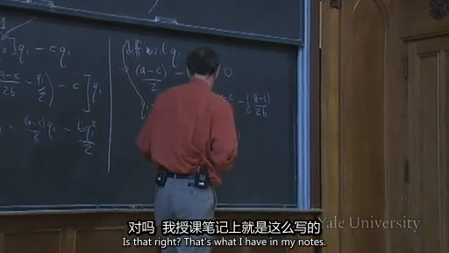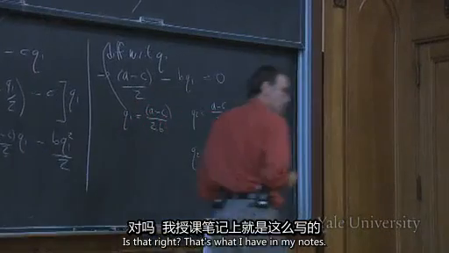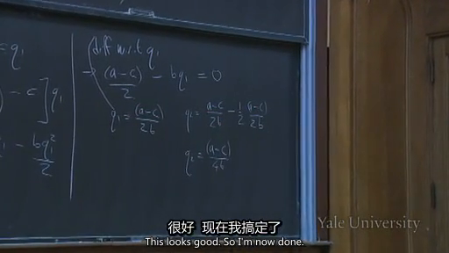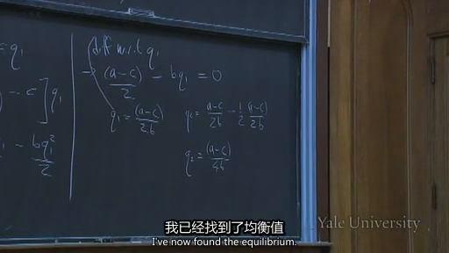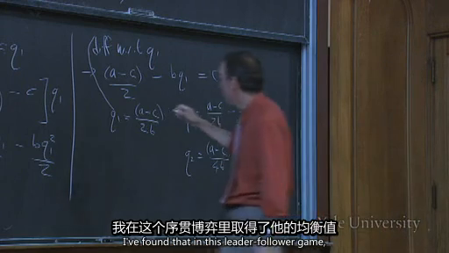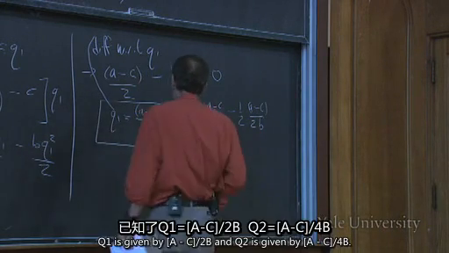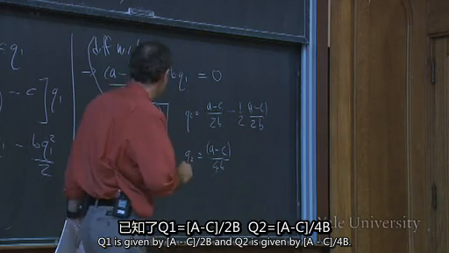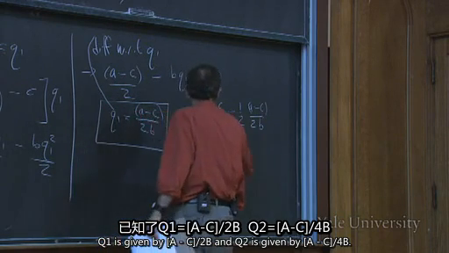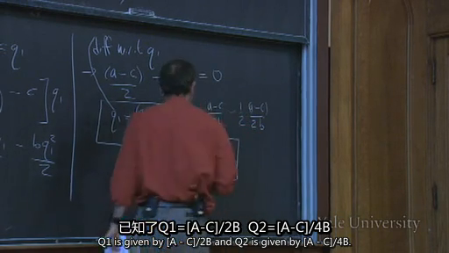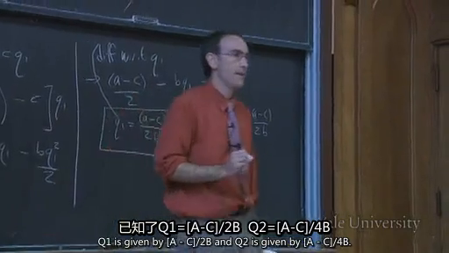Is that right? That's what I have in my notes. This looks good. So I'm now done. I've now found the equilibrium. In this leader-follower game, this Stackelberg version of quantity competition, Q1 is given by (A minus C) over 2b and Q2 is given by (A minus C) over 4b.